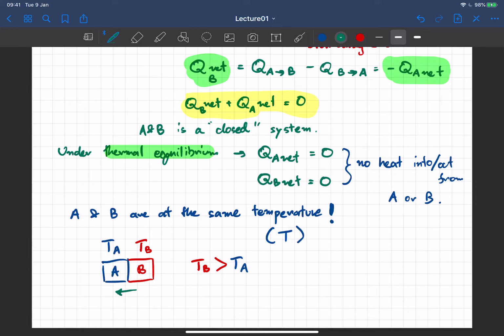So this means Q_B net is some negative number. Let's, for the sake of argument, say it's minus 100 joules.